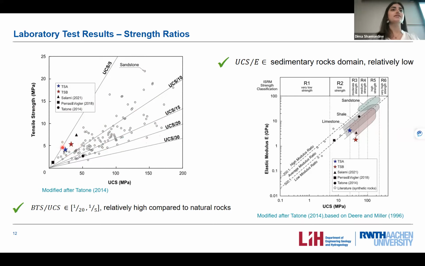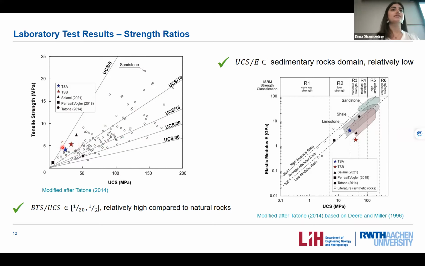And on the y-axis, the failure stress, or the stress at which the samples failed on each particular confinement. So the green ones belong to test series B, and the orange ones belong to test series A. And this blue dashed line here is the Mogi line. The Mogi line separates between the brittle and ductile post-peak behaviors in the sample.